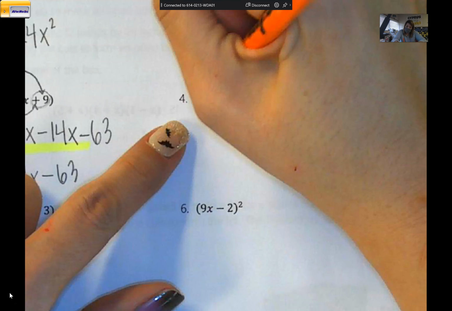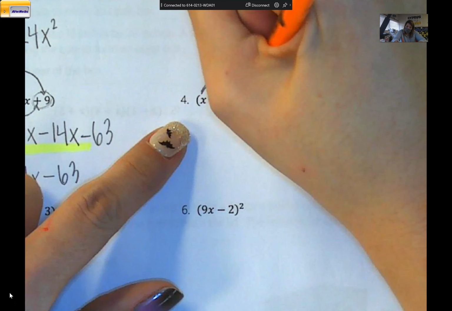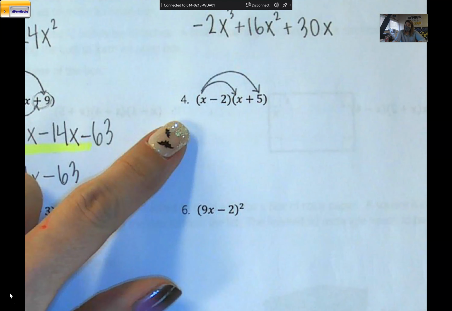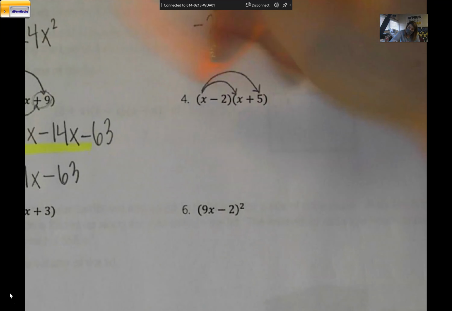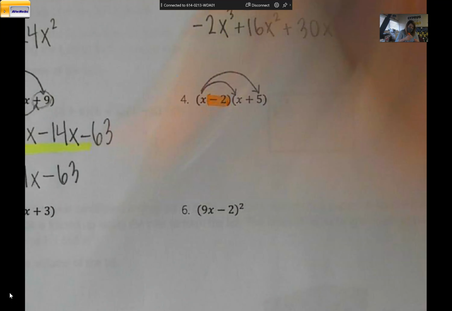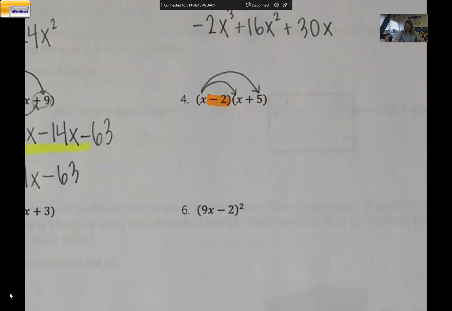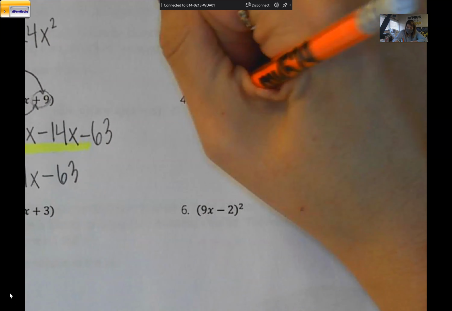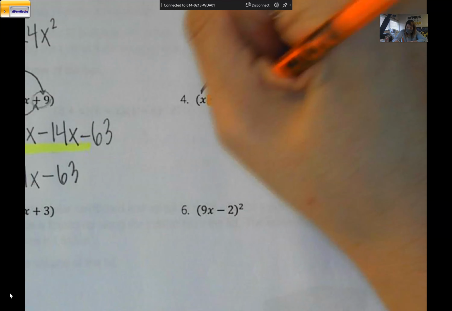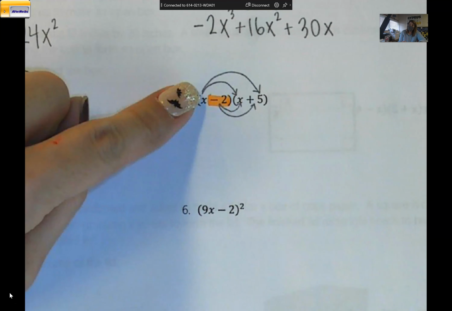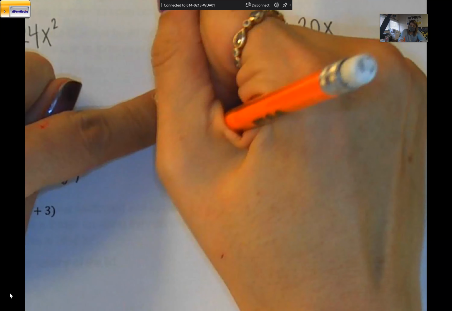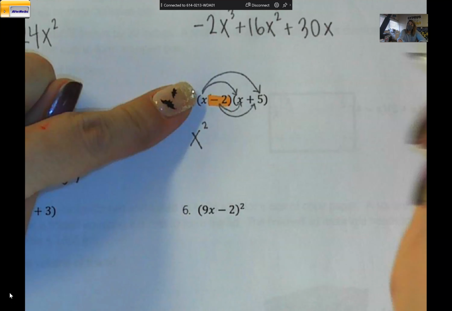I'm going to go over the top with x, and I'm going to go underneath with negative 2. So on this one, I have x times x. That's going to give us x squared.